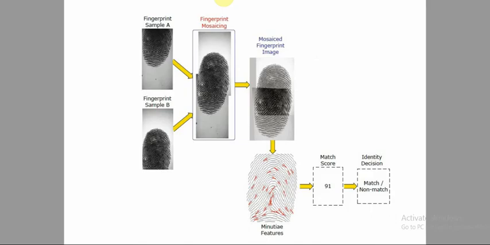In multi-sample systems, a single sensor may be used to acquire multiple samples of the same biometric trait in order to account for the variations that can occur in the trait, or in order to obtain a more complete representation of the underlying trait.